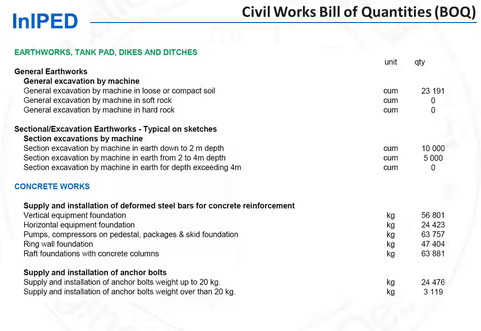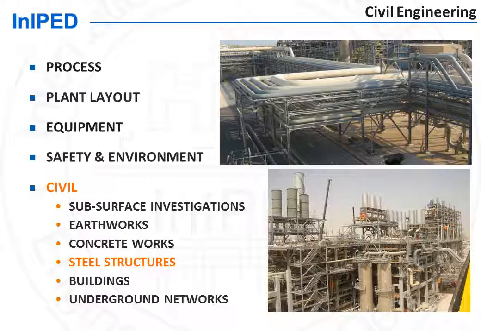Indeed, Civil Works subcontracts are usually placed as unit rates contracts, which means that quantities are remeasured at the end of the job and subcontractors are paid on the actually installed quantities.